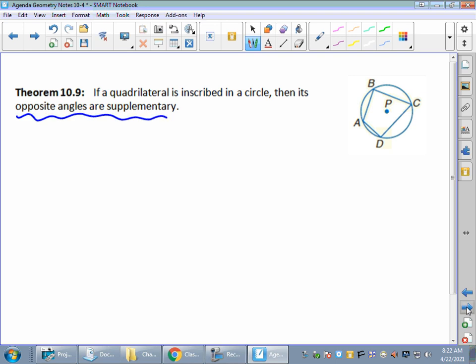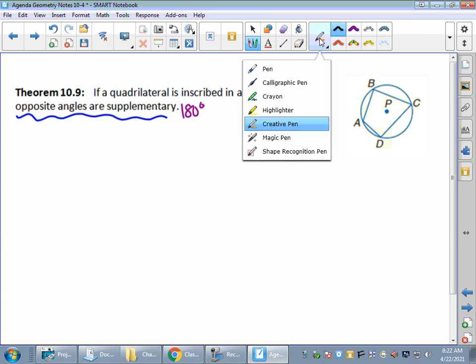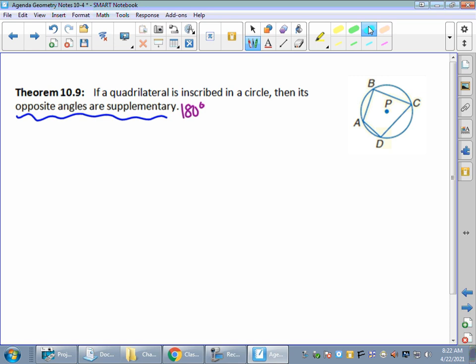Huge important fact. Everybody remembers supplementary, right? What do supplementary angles add up to? 180. Please mark carefully and be careful because I'll try to trick you because that's how I am. It's the opposite angles that are supplementary. So in other words, angle A plus angle C has to equal 180 degrees.